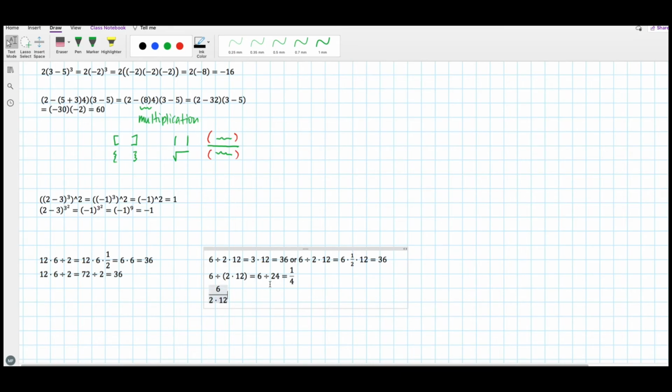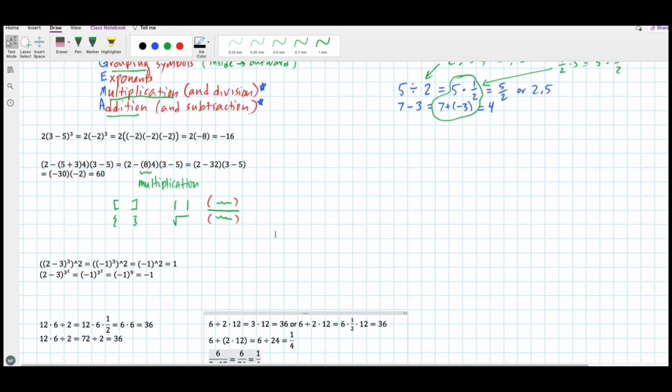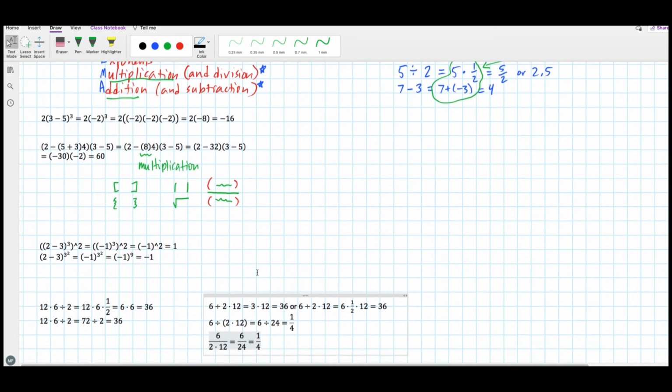And so then you would have 6 divided by 24 again, and you would get 1/4. If we stick with this as our order of operations and use this mnemonic, in my opinion, you're less likely to run into problems like what people tend to have occur when they deal with situations like this one below.